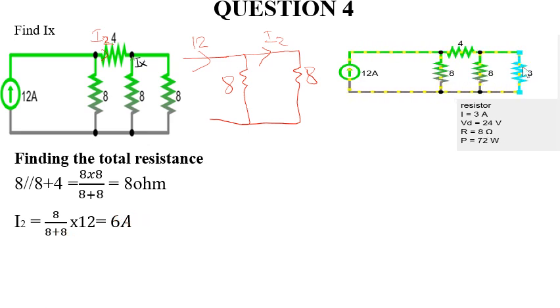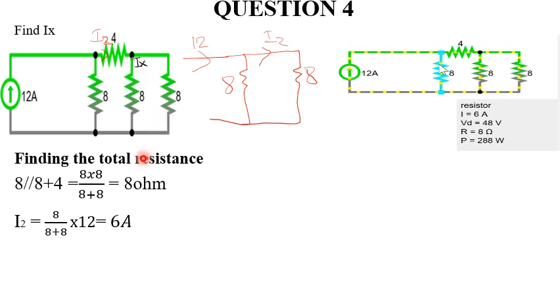So we now know that I2 is 6 amps. Then we come back to this circuit. So coming back to this circuit, I2 splits between this branch and this branch. So we also apply the current division rule here, but now the total current becomes 6 amps.